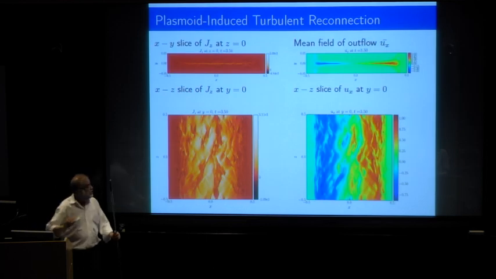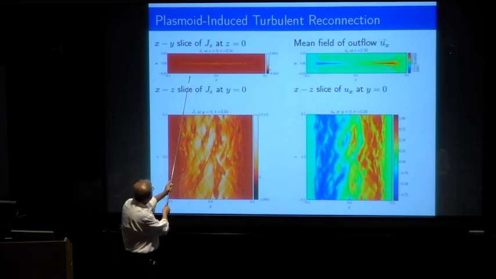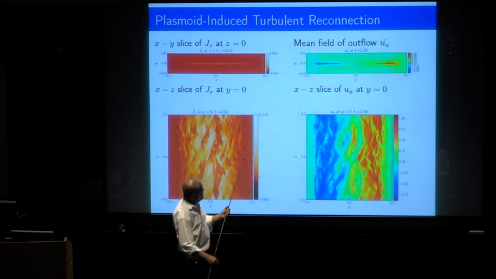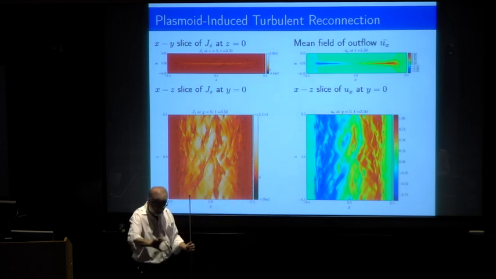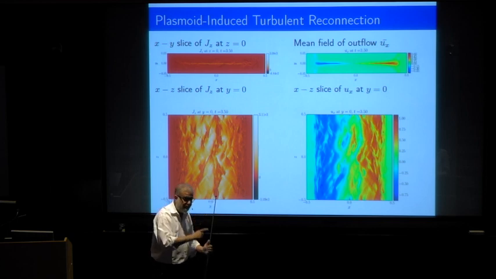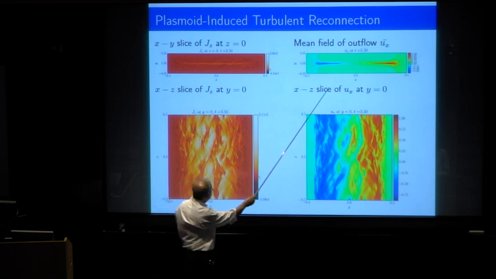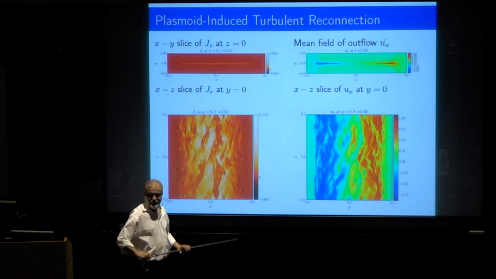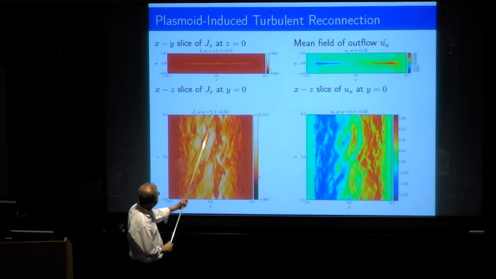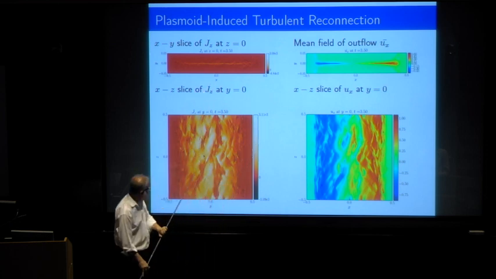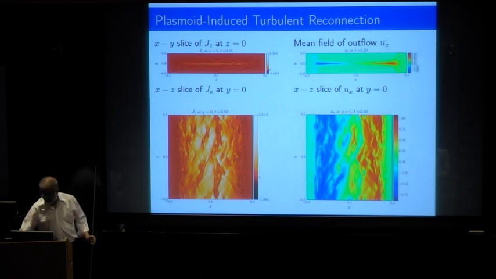If you look at the 2D projection of the 3D run, you'll still see remnants of that structure. In other words, what we are doing here is that we start with a 2D system, it goes 3D, then we average in the third direction and make plots of the mean profiles. And there's some remnants, but if you look at the third direction, it's very turbulent. So it's a softening. You see plasmoid-like structures still persisting, but really it becomes a harder and harder case to make that you have anything like this.